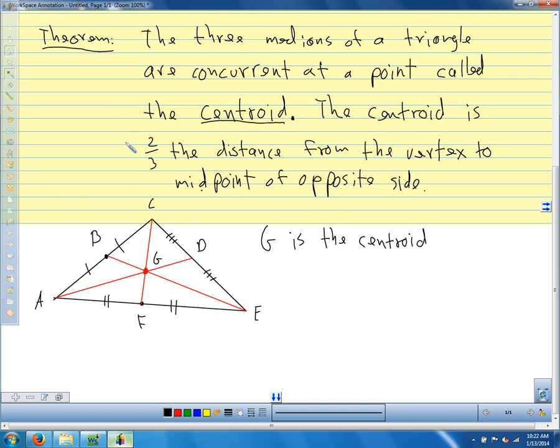And what we mean by 2/3 the distance is, if we start at a vertex, from the vertex to the centroid, so AG is 2/3 the distance all the way across. Start at a vertex here, CG is 2/3 the distance all the way across.